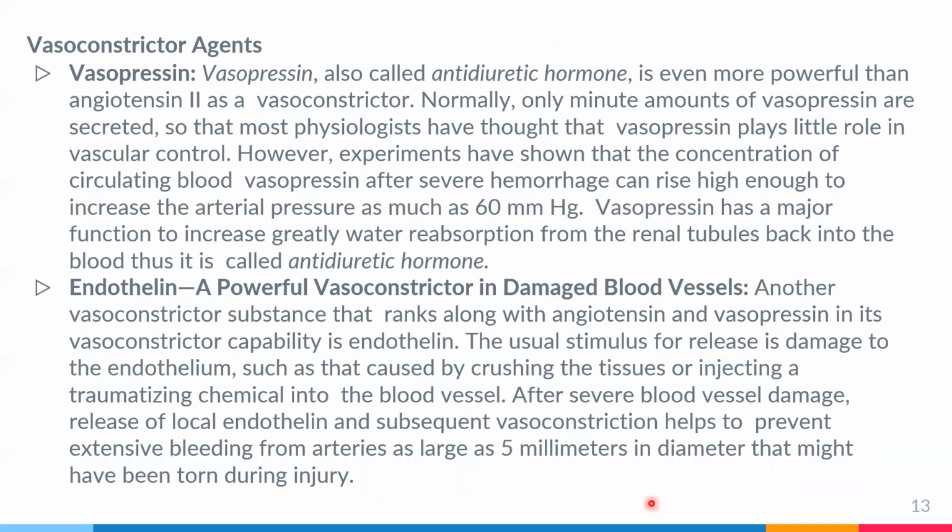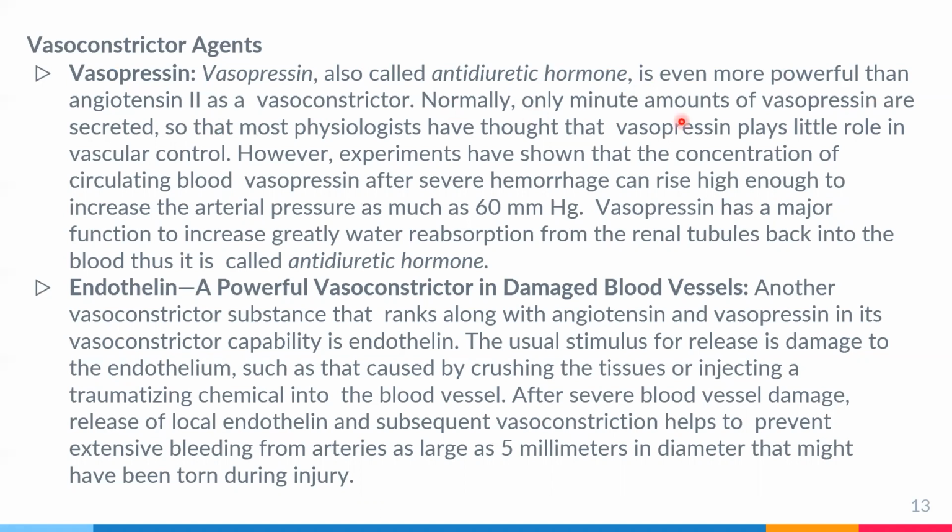The other vasoconstrictor agent that we will talk about is vasopressin. Vasopressin is also called an antidiuretic hormone. Antidiuretic means a hormone which decreases the amount of water that is excreted by our body in urine. Vasopressin is even more powerful than angiotensin 2 as a vasoconstrictor.